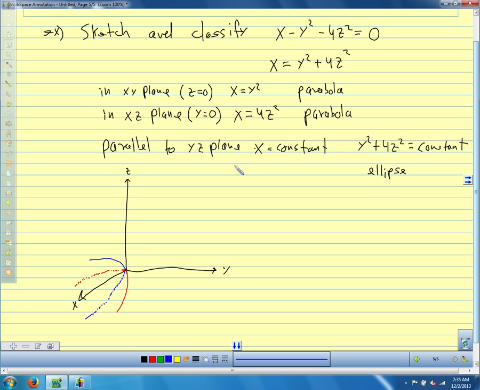And then parallel to the yz plane, we have ellipses. So we're connecting these parabolas with ellipses. I'm just drawing my connections in like so in black dots.